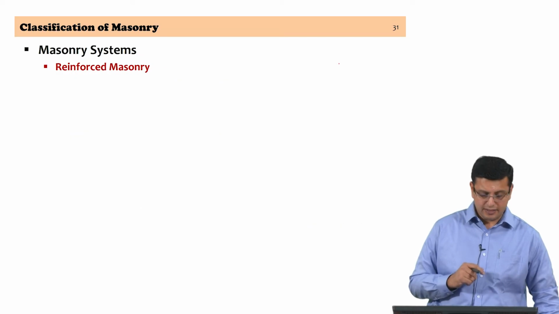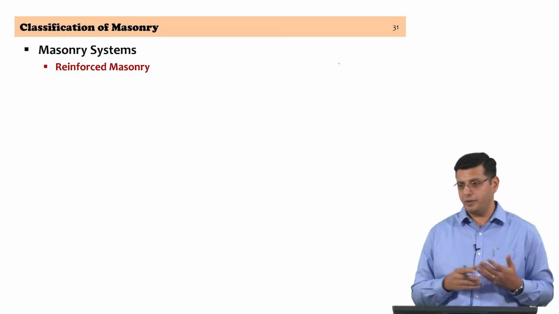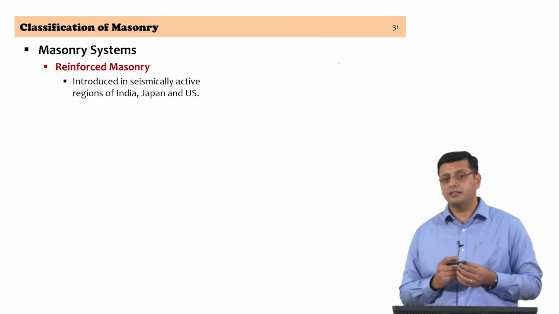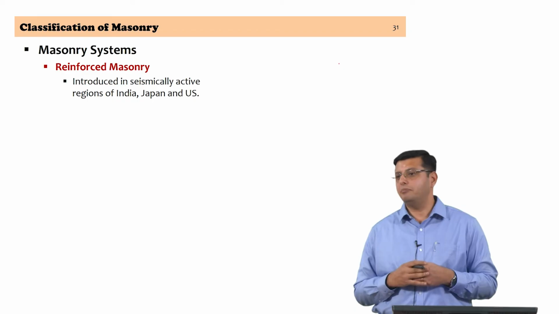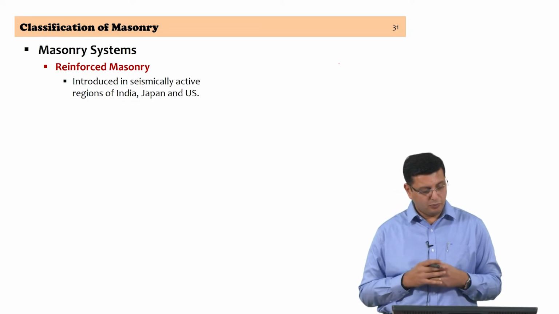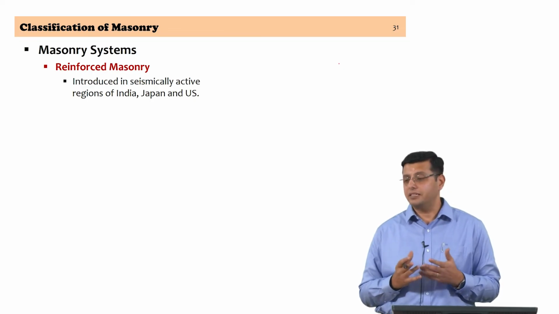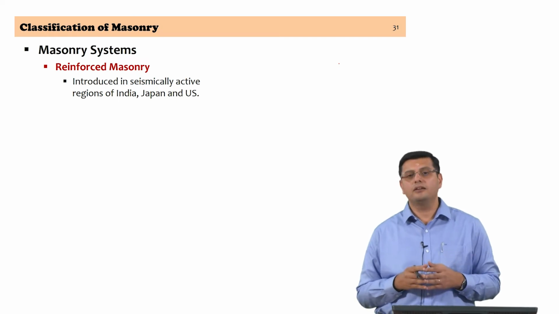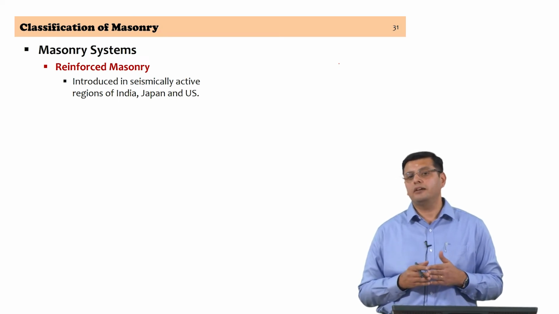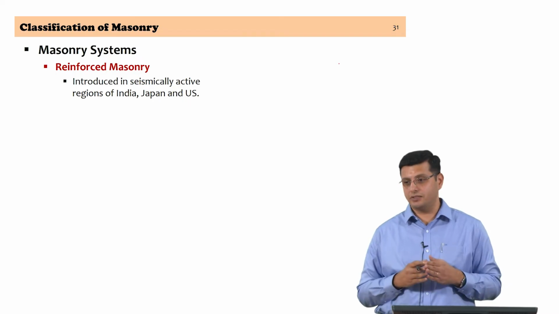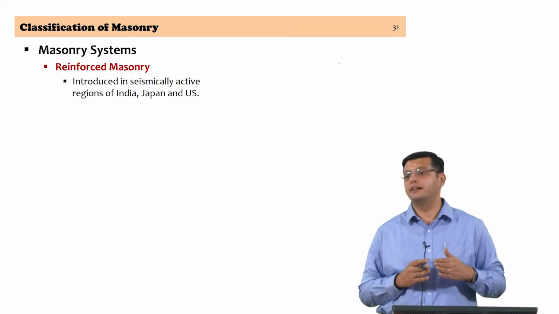So, the second category is reinforced masonry, and when you look at reinforced masonry, it's actually paradoxical that a structural system like reinforced masonry was developed partly in India as well, and it is only in 2016 when the National Building Code introduced a section on reinforced masonry that we formally adopted this as a structural system almost 100 years later.